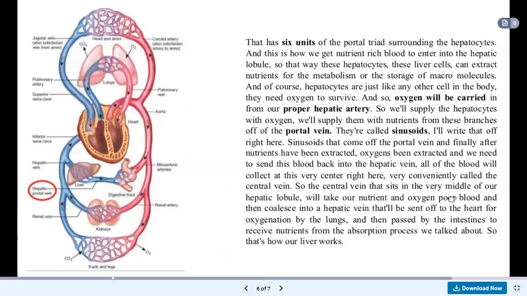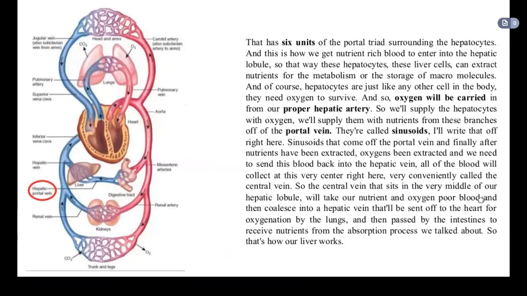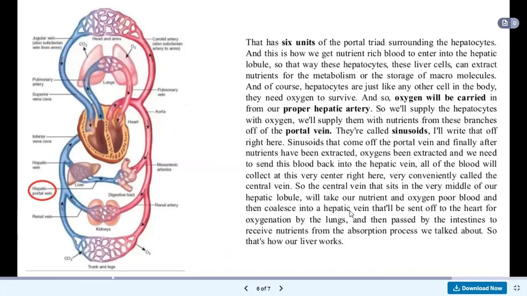This blood no longer contains nutrients or oxygen, and it coalesces into what we call the hepatic vein. The hepatic vein sends that blood to the heart through the inferior vena cava, and from the heart it goes to the lungs for oxygenation, and then passes by the intestines to receive nutrients from the absorption process we talked about. So that is how the liver works.